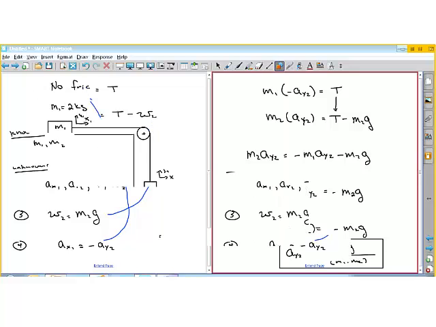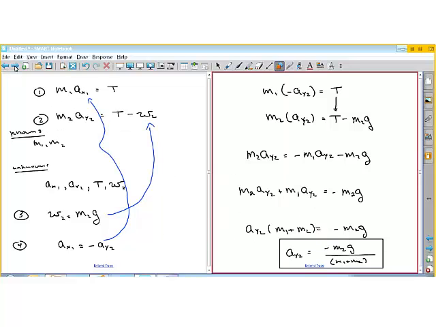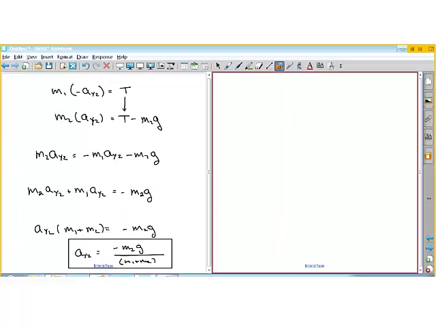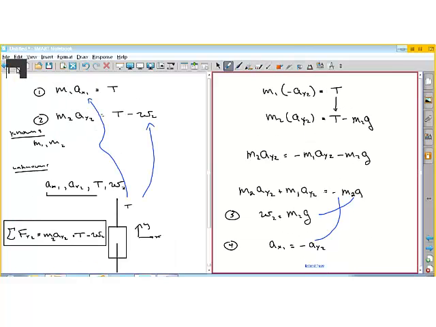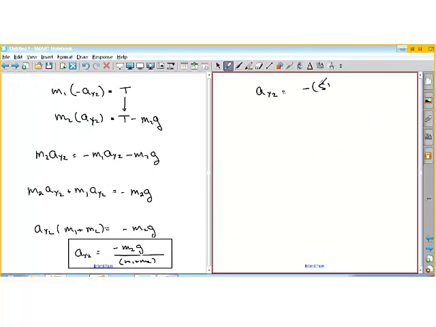In our case, I gave 2 kilograms and 5 kilograms. So I can calculate the acceleration for our particular example. It's going to be negative m2, which is 5 kilograms, times g, which is 9.8 meters per second squared, divided by the sum of the two masses, my total inertia.